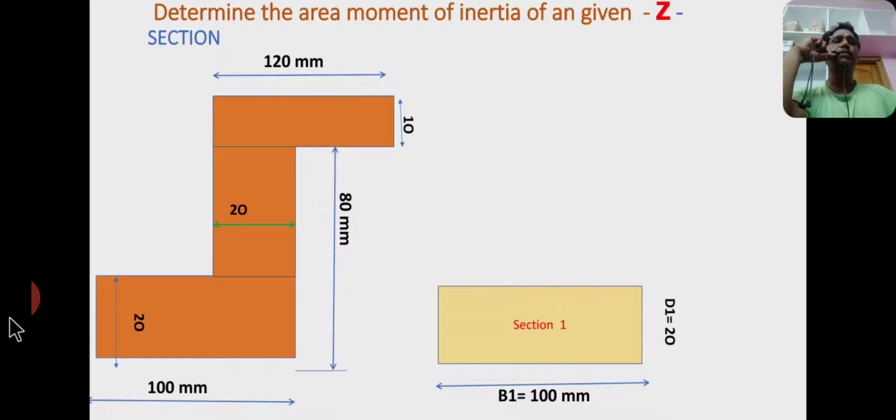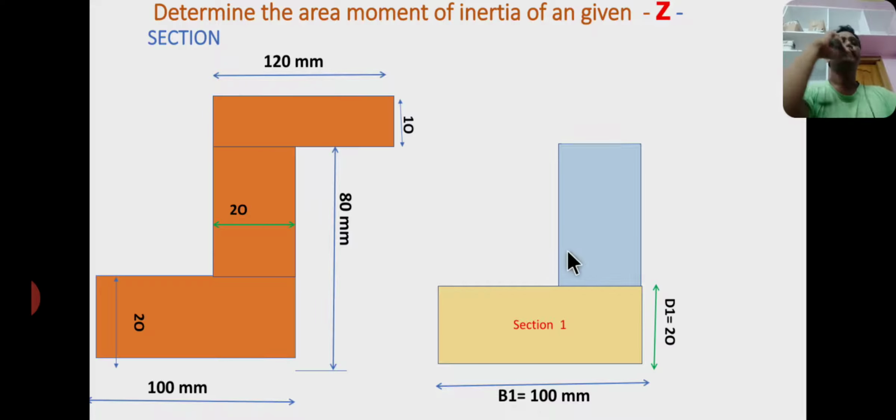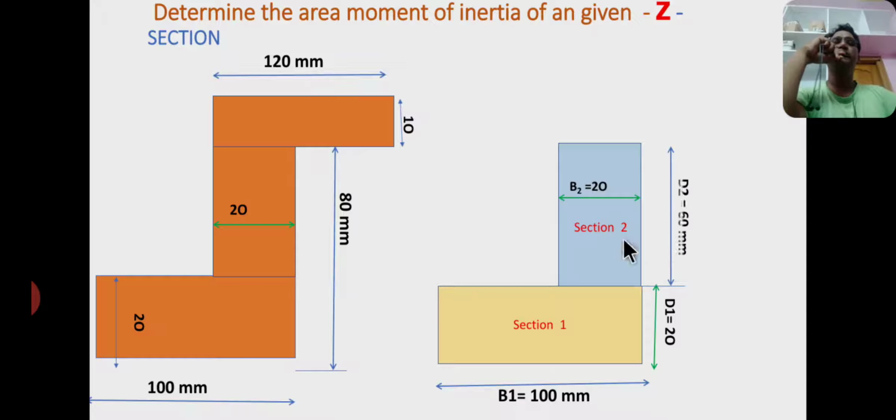These are the dimensions of a bottom rectangle, and I consider the middle rectangle as section 2, having dimensions base b2 equal to 20 mm and height d2 equal to 60 mm. I consider only from here to here, that is 80 minus 20. From here to here total height is 80, but you have to consider from here to here, that is 60 mm. So d2 equals 60 mm.